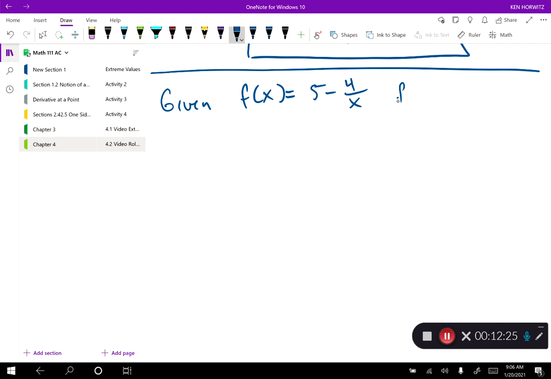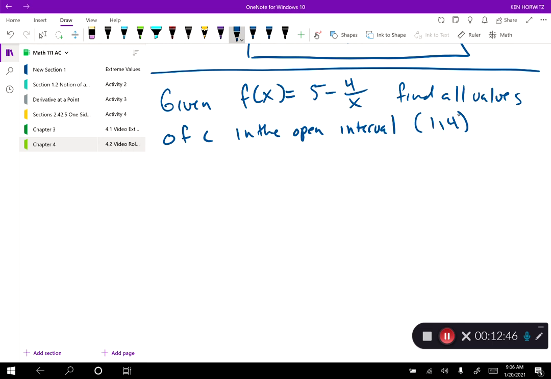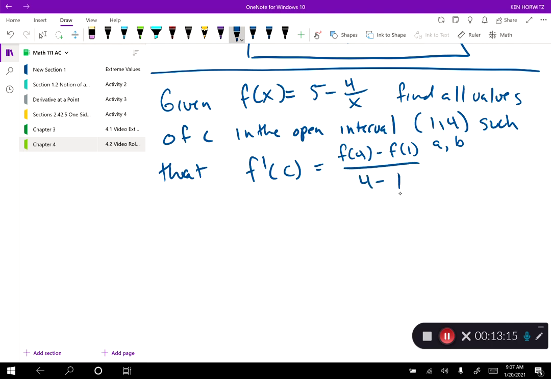Find all values of c in the open interval (1, 4) such that f prime of c equals, and now I can use my open interval because this is b and this is a, so I can say f prime of c equals f of 4 minus f of 1 over 4 minus 1.